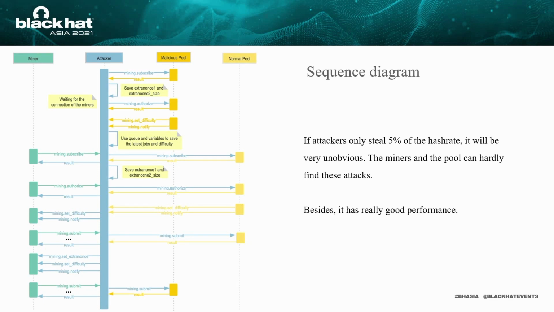The miners and the pool can hardly find these attacks. We can see from the sequence diagram the process is very simple and has almost no extra cost, so it has really good performance.